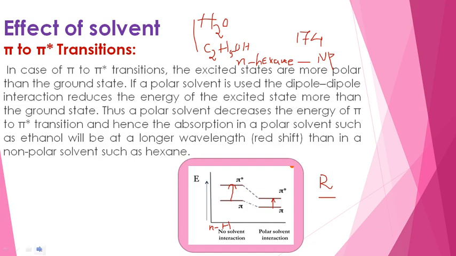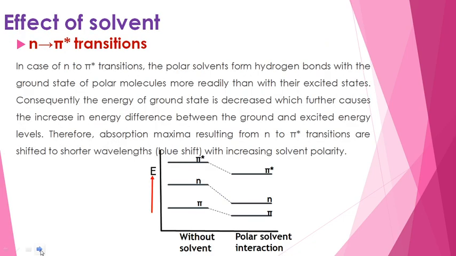This is for the case of alkenes, that is, non-polar unsaturated compounds. Now let me consider polar unsaturated compounds. Polar unsaturated compounds are nothing but simply carbonyl compounds. Now let me discuss the transitions that take place in carbonyl compounds due to the influence of solvent.